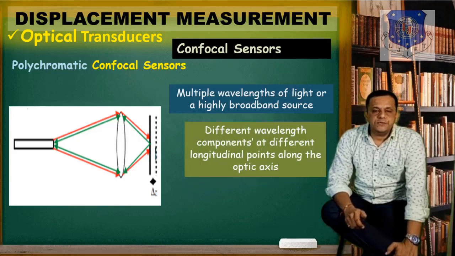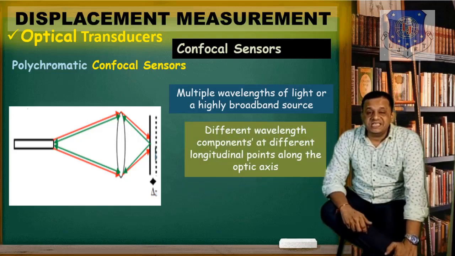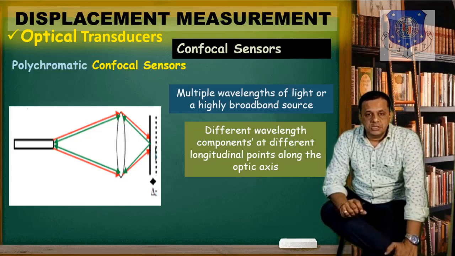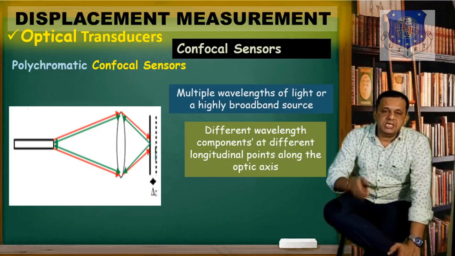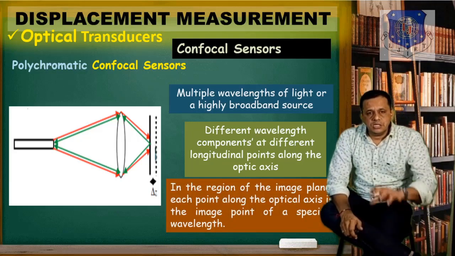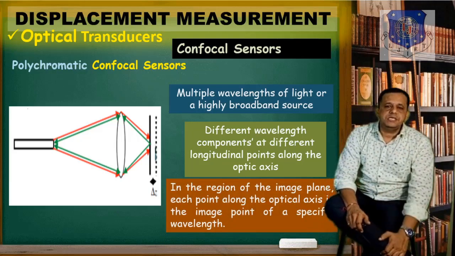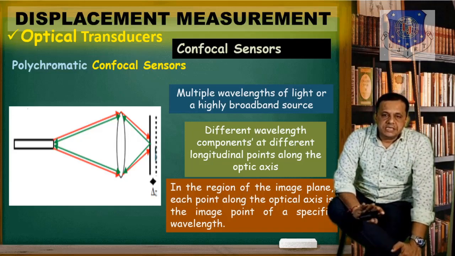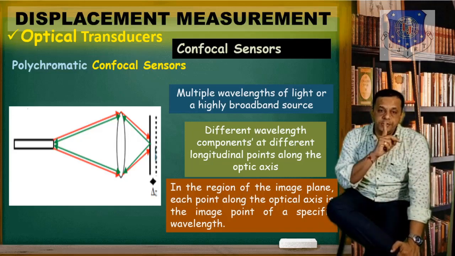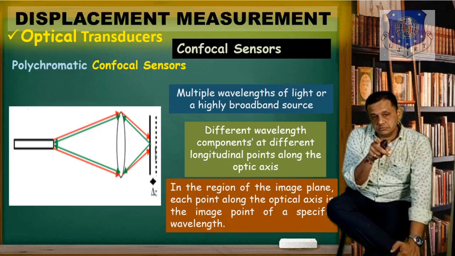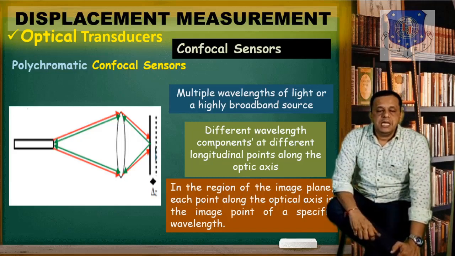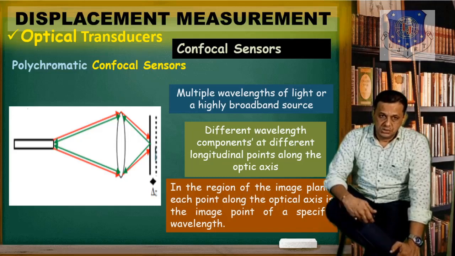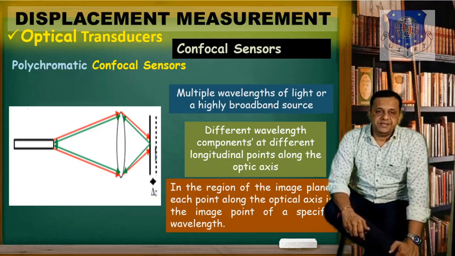Different wavelength components at different longitudinal positions on the object make a very sharp image when the distance is to be detected. In the region of the image plane, each point has a different wavelength, and with a specific wavelength for each image point, it gives a much better result.